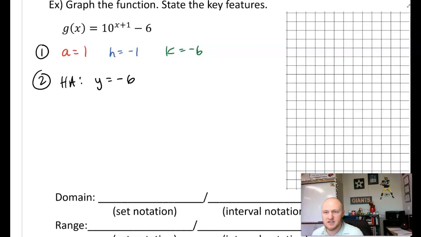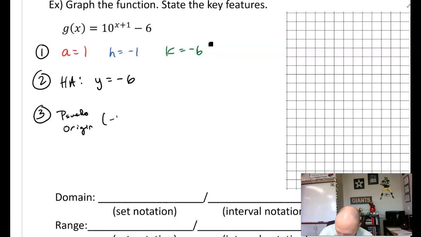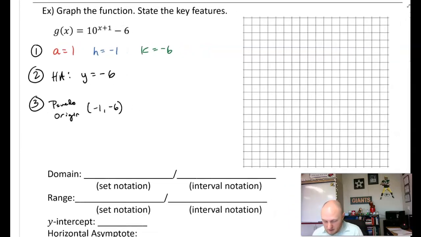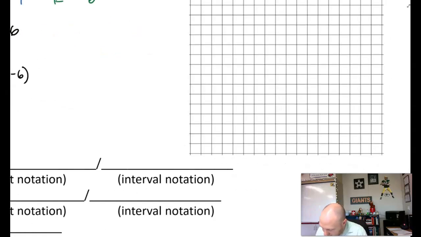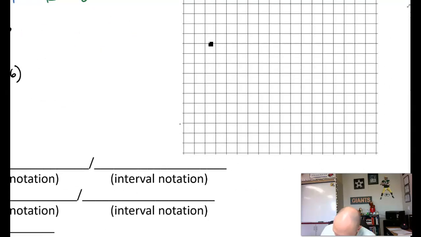Okay, so we're shifting down 6. And then step 3, my pseudo-origin that I'm going to graph my points from is (-1, -6). So I'm shifting left 1 and down 6. So let me go ahead and place a set of axes here.